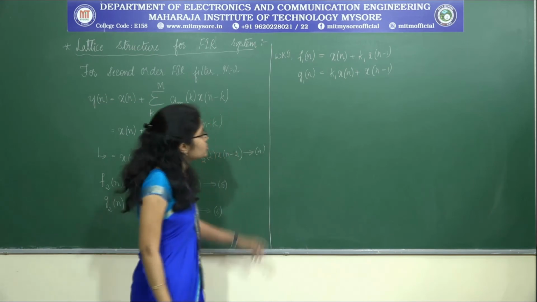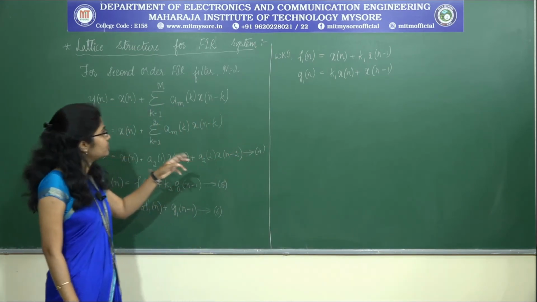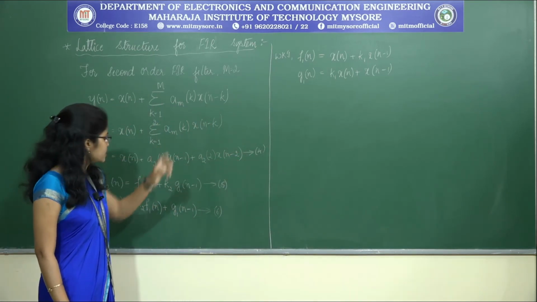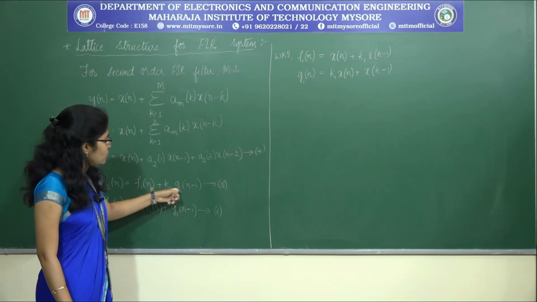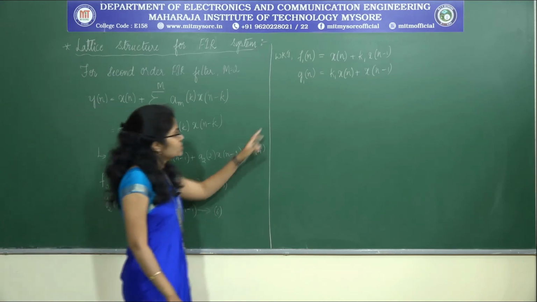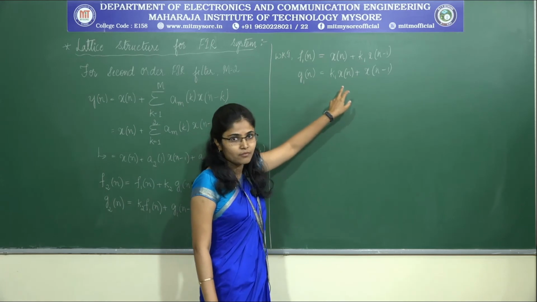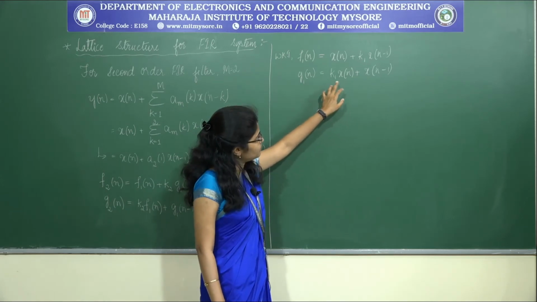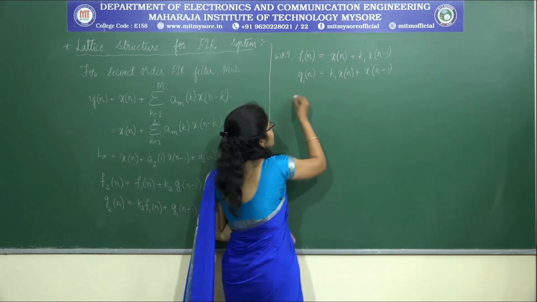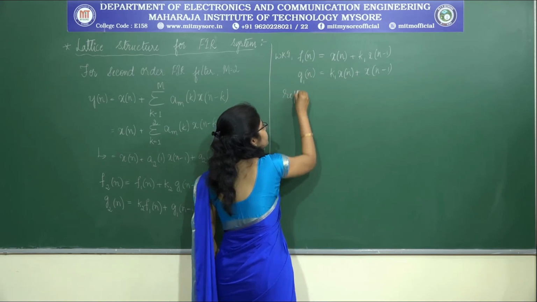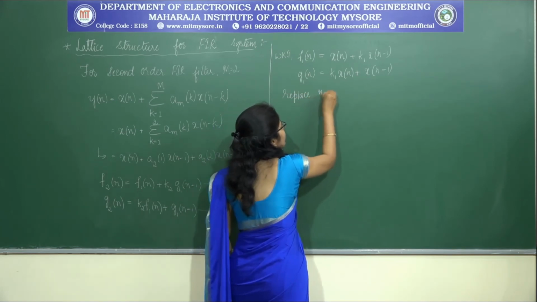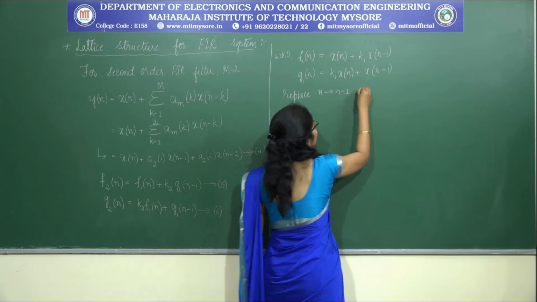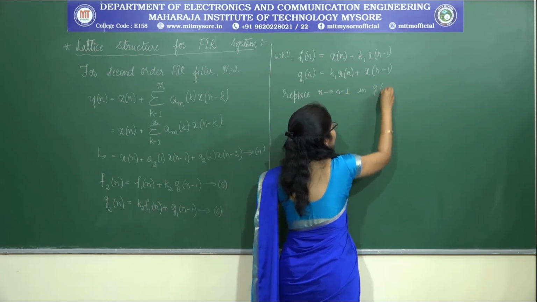So these were the equations which we obtained for first order filter, that is for lattice structure. Let us substitute in this equation. We want what is g1 of n minus 1. So in this equation wherever we have n, replace n with n minus 1 in g1 of n.